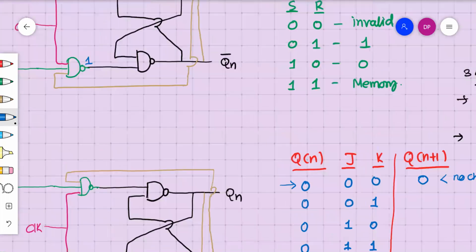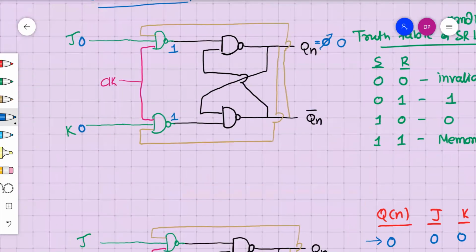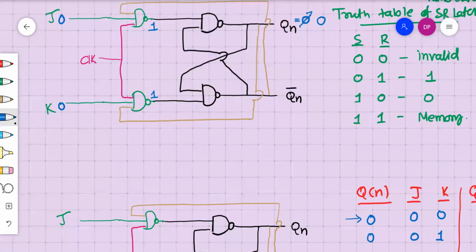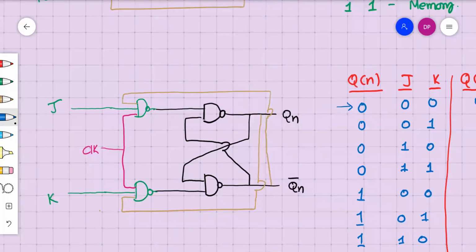Now in the next figure we will consider the same set of inputs along with the previous output Qn as 1. Along with that I have considered J to be 0 and K to be 0. So Qn is 1 and J is 0, K is 0. If any input of the 3 input NAND gate is 0, the output of the NAND gate is 1.